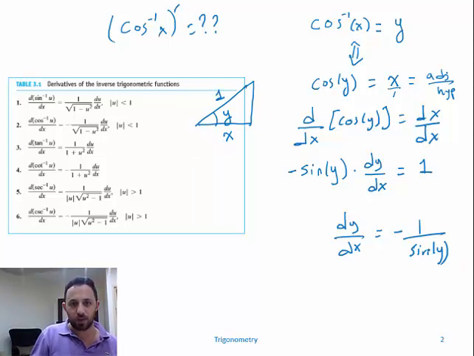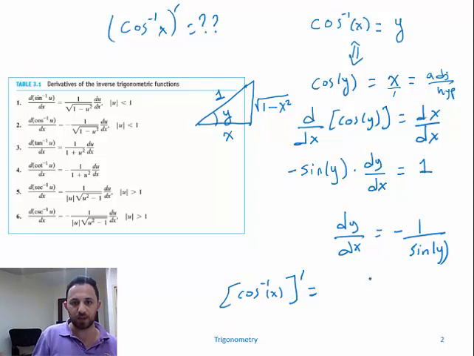Now I want to obtain sine of y. Sine of y is the opposite over hypotenuse, and the opposite by Pythagoras theorem is radical 1 minus x squared. So the derivative of cosine inverse of x is equal to minus 1 over sine y, which is minus 1 over radical 1 minus x squared.